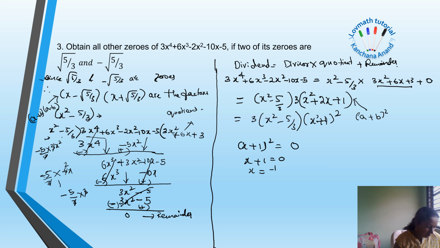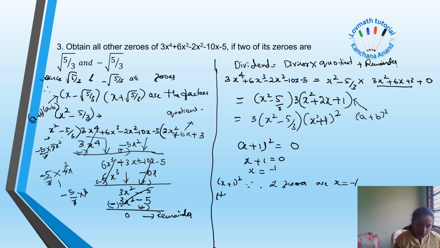As it has the term (x + 1)^2, then there will be 2 zeros. That means the other 2 zeros are x is equal to -1.